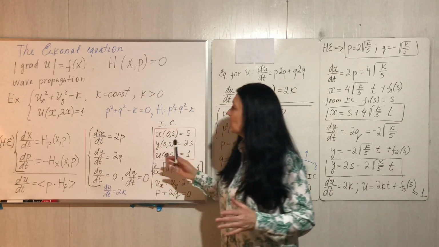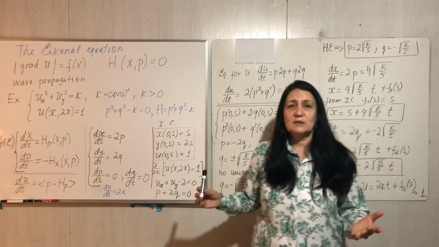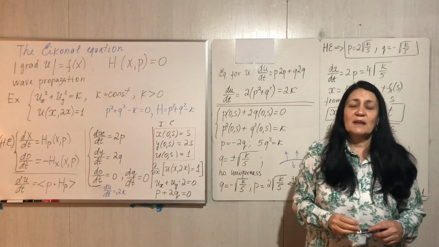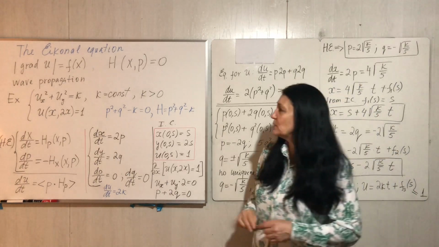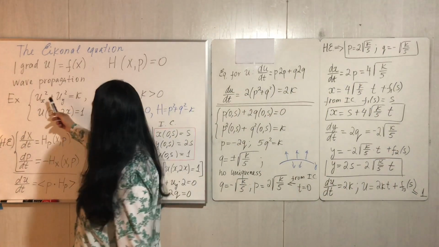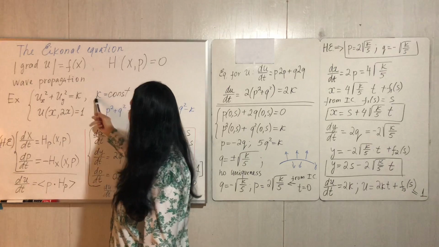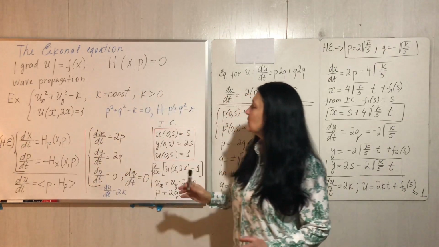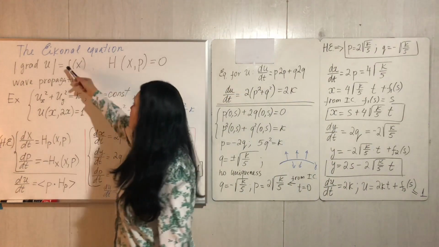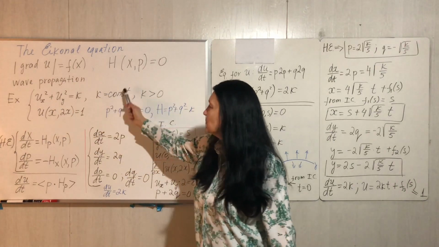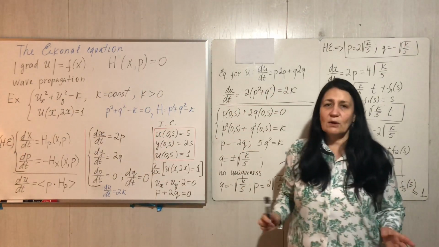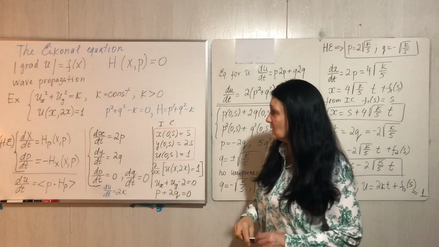As a specific example, let's solve the Cauchy problem in the case of two independent variables, and also let's think of k, which generally could be a function depending on x, but let's think of k as a positive constant.